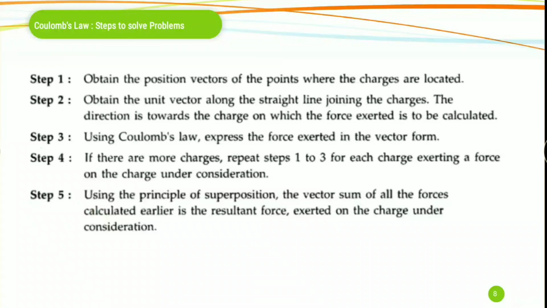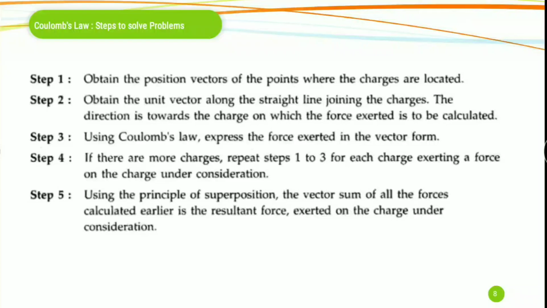So in this class, we have clearly discussed the general form of Coulomb's law and Coulomb's law in vector form, and how the force varies from point to point. That means the force changes depending upon the charges, whether they are positive or negative.